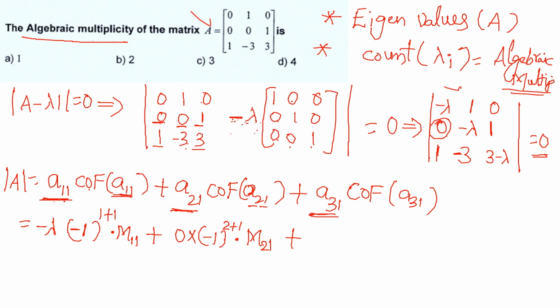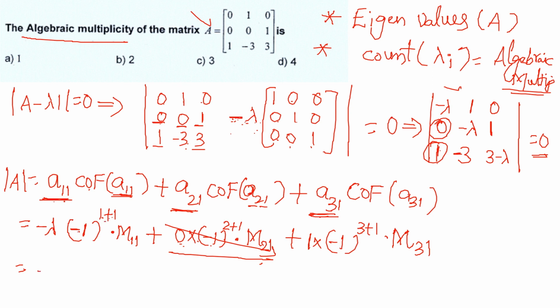Plus A31, which is 1, times the cofactor of 31, that is minus 1 to the power of 3 plus 1 times the minor of 31. So this one will vanish because it is multiplied by 0. Anything multiplied by 0 is 0. This will vanish. Now minus 1 to the power of 1 plus 1, that is 2, minus 1 squared is 1.